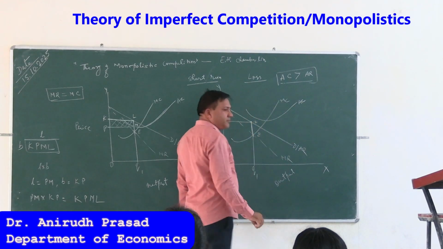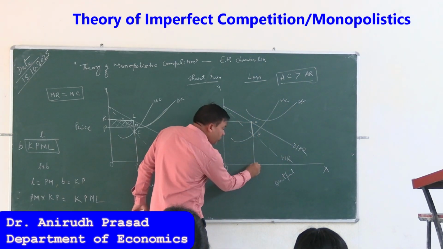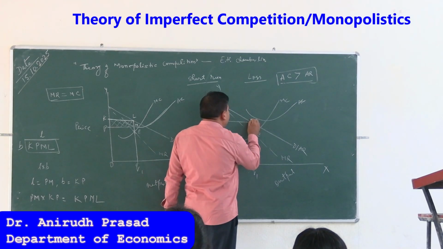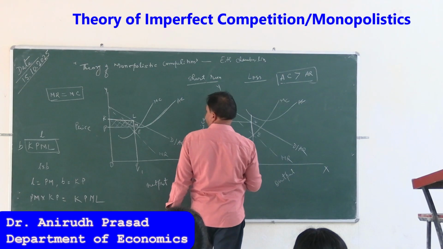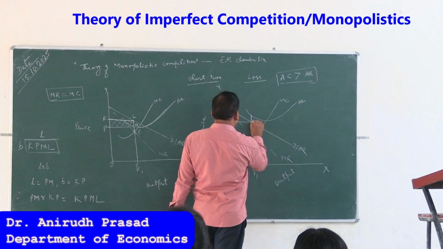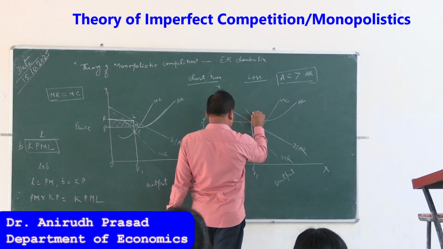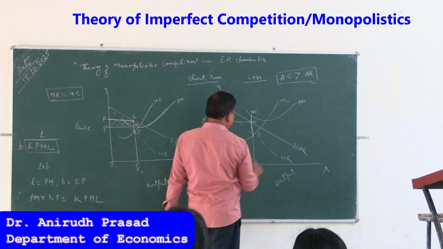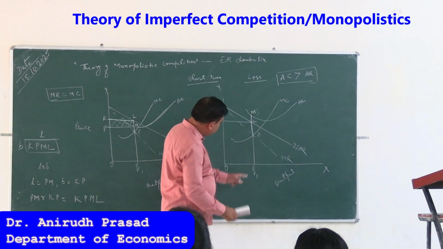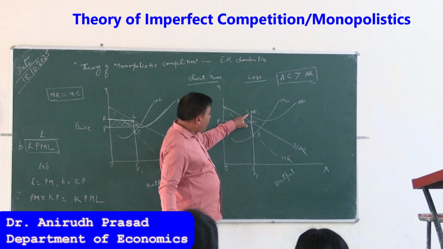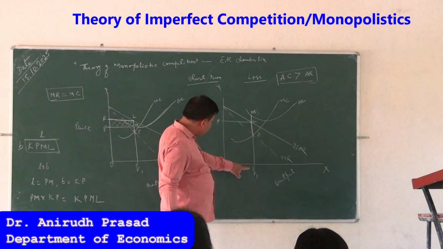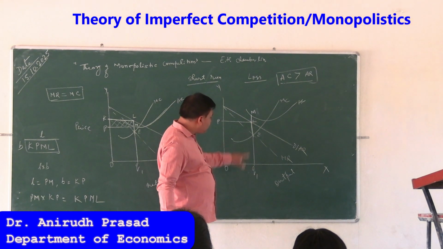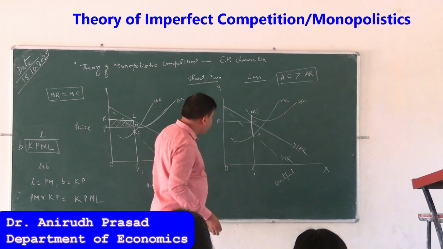At OQ1 output, average cost is Q1M and average revenue is Q1L.